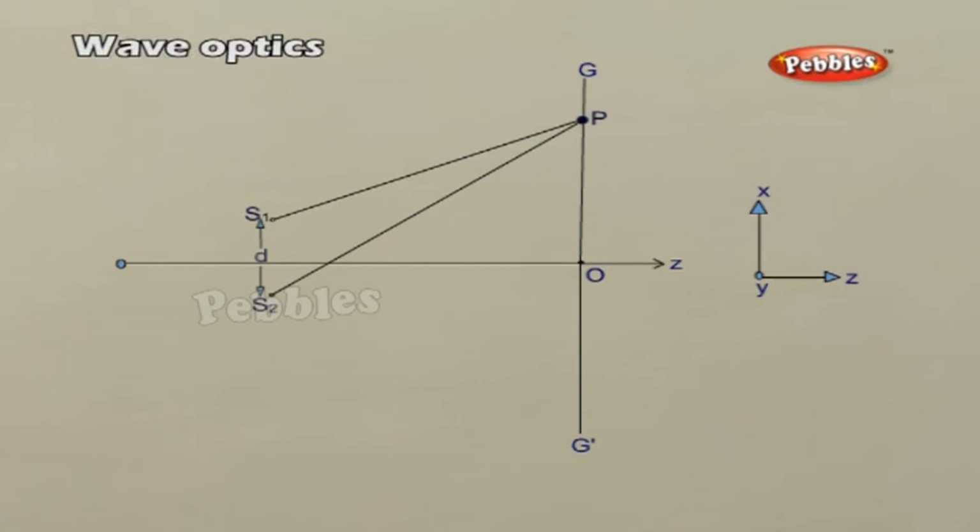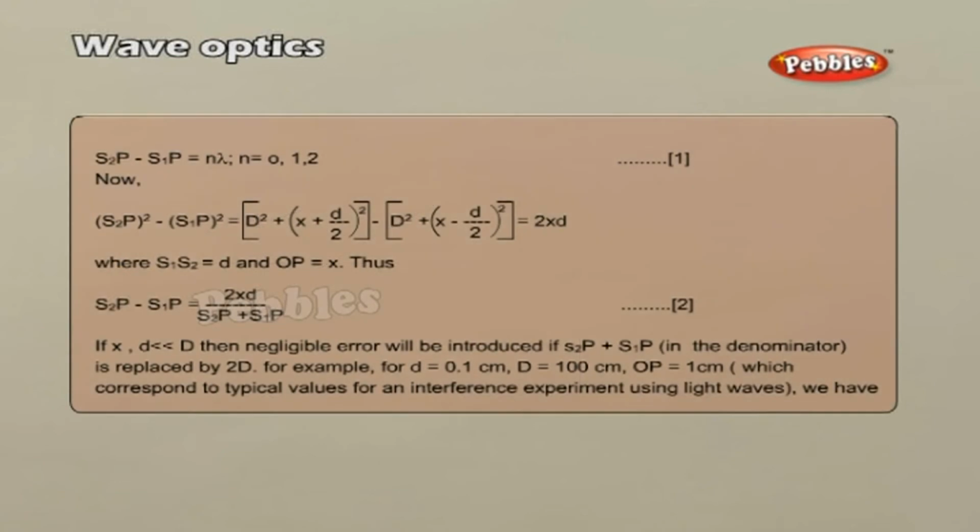S1 and S2 then behave like two coherent sources because light waves coming out from S1 and S2 are derived from the same original source, and any abrupt phase change in S will manifest in exactly similar phase changes in the light coming out from S1 and S2. Thus, spherical waves emanating from S1 and S2 will produce interference fringes on the screen GG' as shown above.